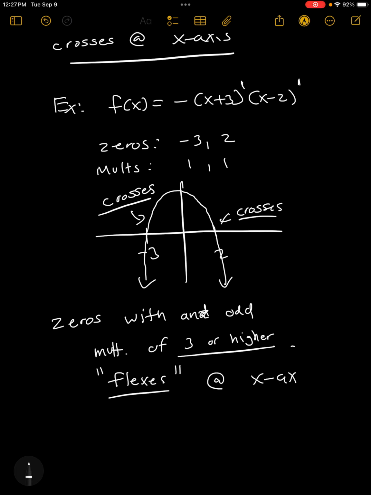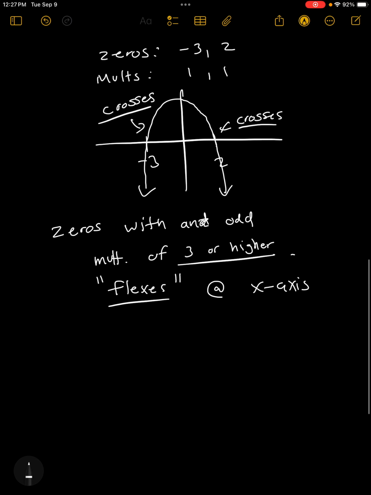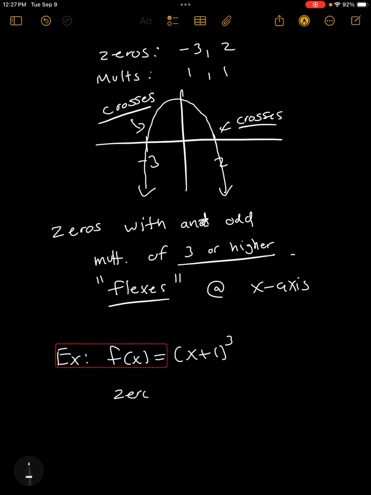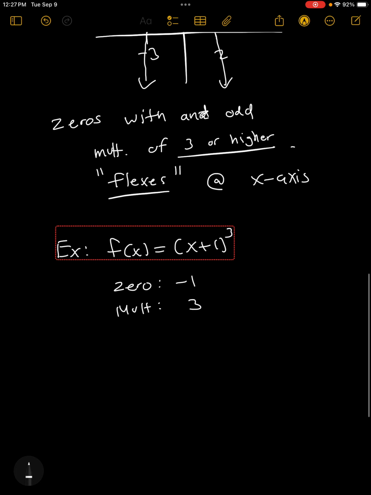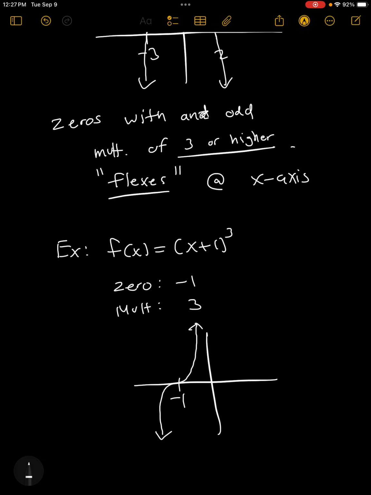If you calculate the zero really quickly, you're going to get negative 1. You can clearly tell that the multiplicity is 3. This is just your x cubed function shifted 1 to the left. A flex kind of looks like a cross, but it kind of hugs the x-axis. So what I like to call that is a flex. You could think of it as still crossing, but it's flexing. And that's what multiplicities do: they determine the behavior of your zeros at the x-axis. You'll get a lot of practice in these next couple examples.